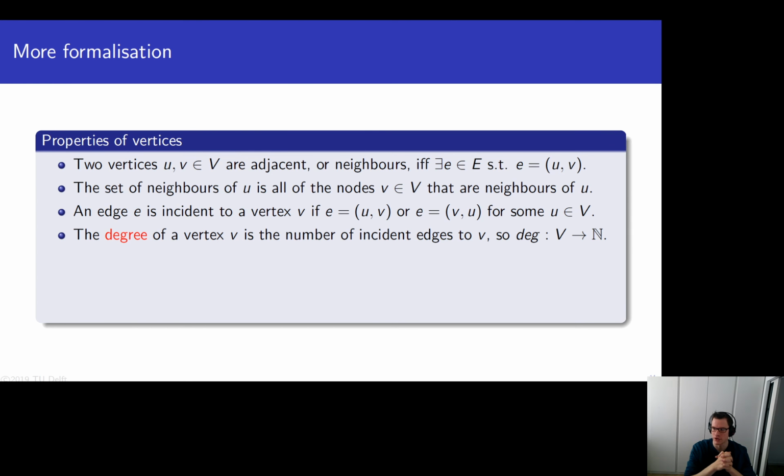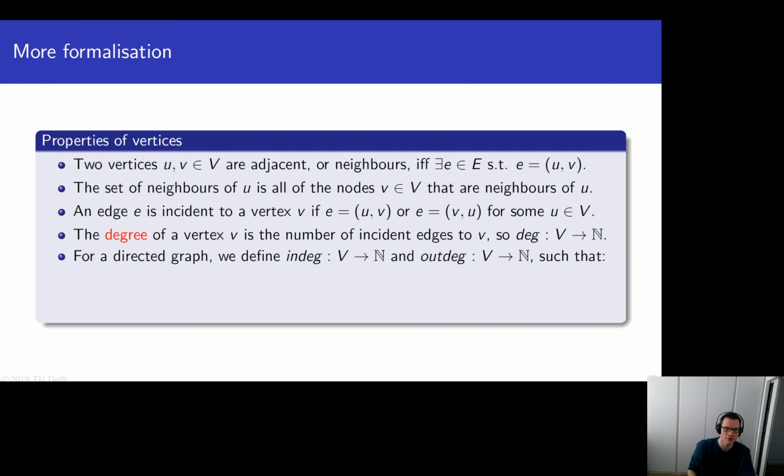And of course, for a directed graph, we can define an in degree and an out degree. In degree is all of the edges coming in, and the out degree is all of the edges going out, or rather the number of edges coming in and the number of edges going out.